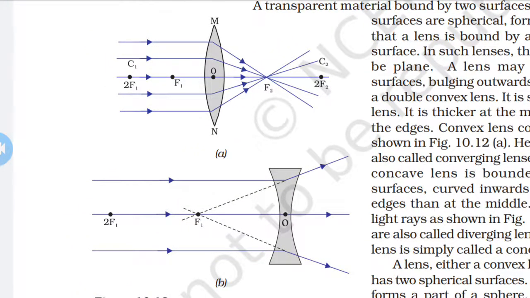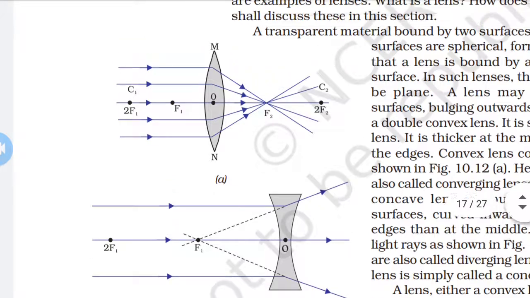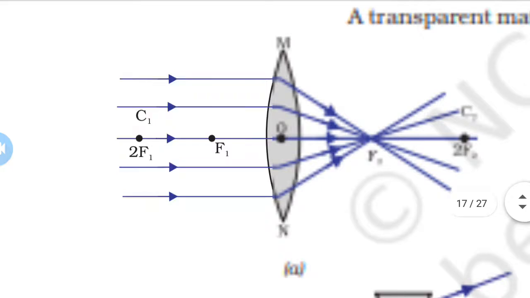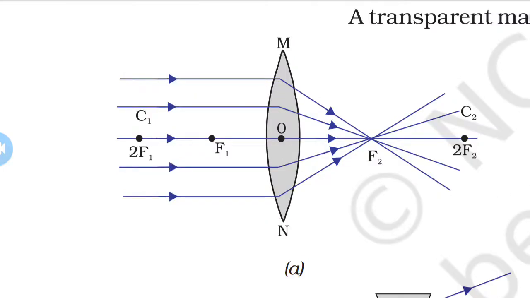Now we discuss a double convex lens. A lens having two spherical surfaces bulging outwards is called a double convex lens, or simply a convex lens.